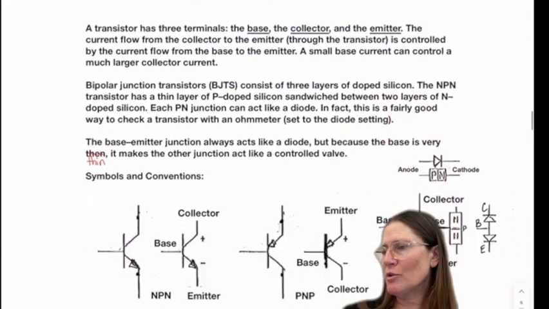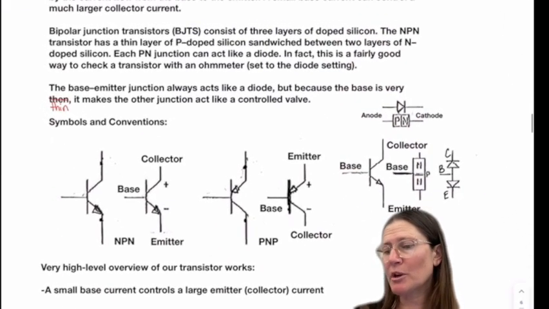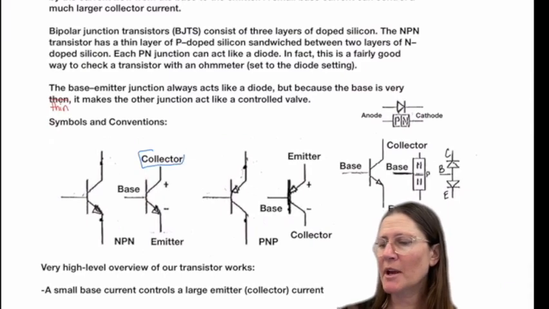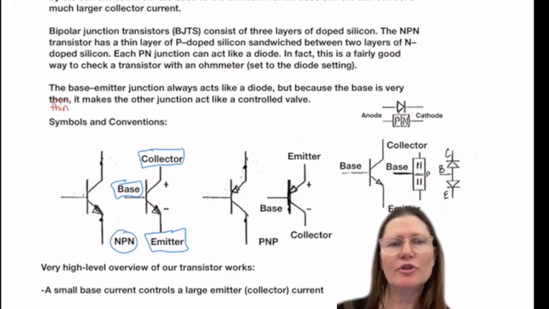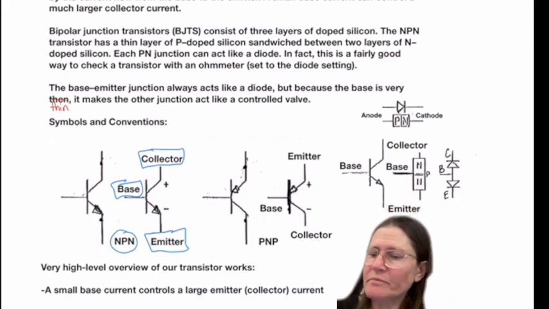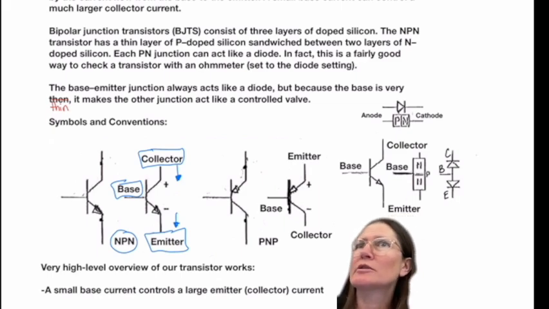All right, so as I said, you have the 3 components, a collector, a base, and an emitter. This is your NPN. Your current is going to flow from your collector side to the emitter side. How do you know which side's the emitter?